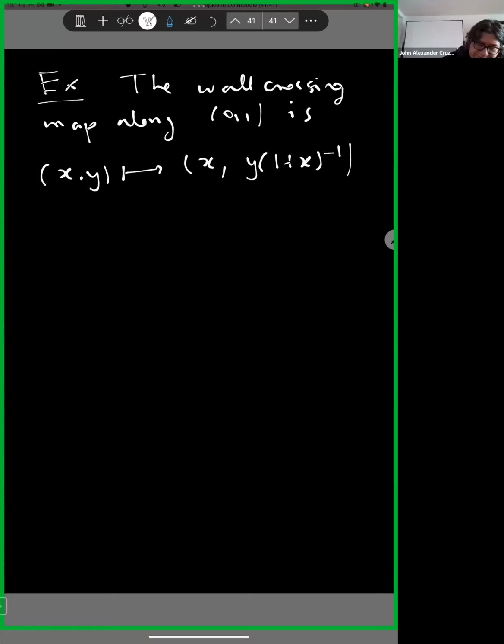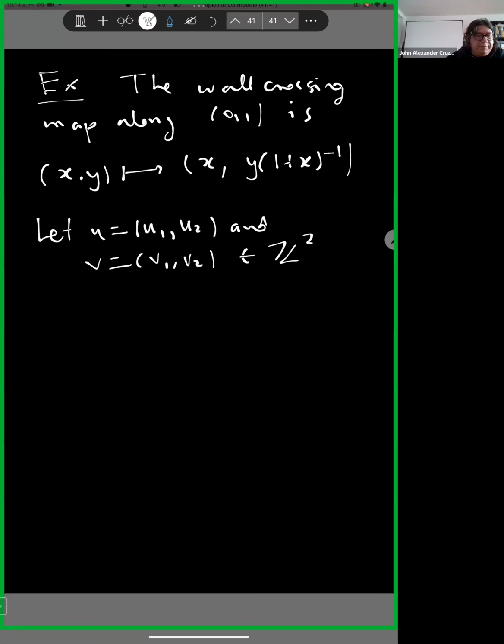So let me define this tropicalization. Let u be some vector u1, u2, and b again b1, b2. Both of them are in C square. So the tropical mutation of u.